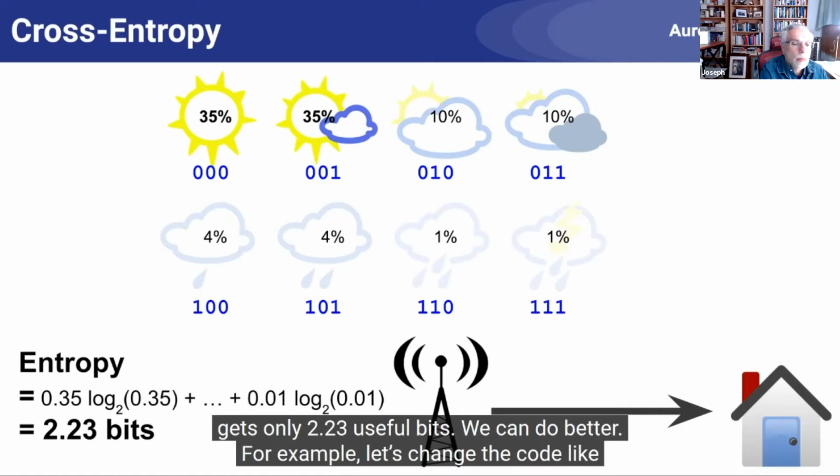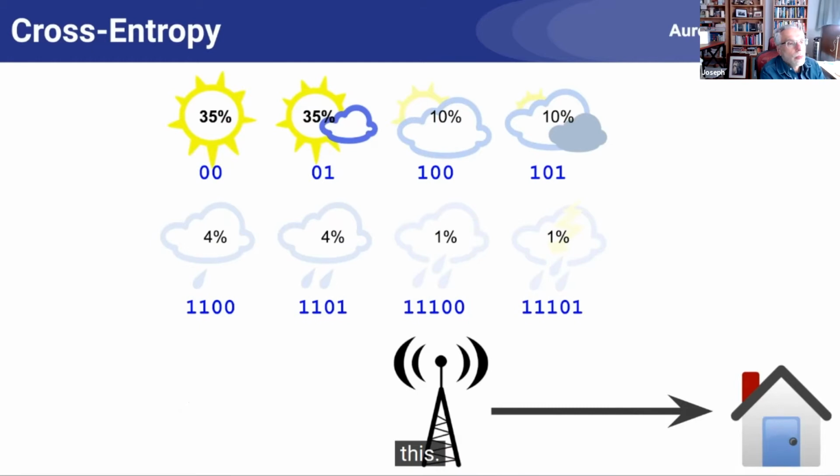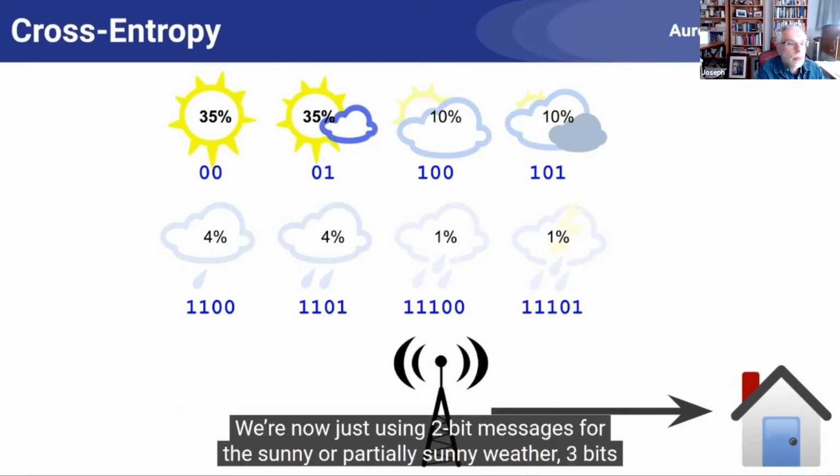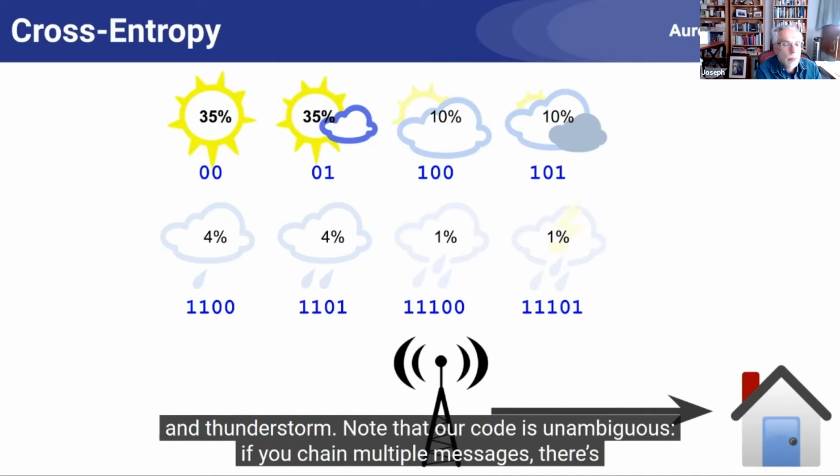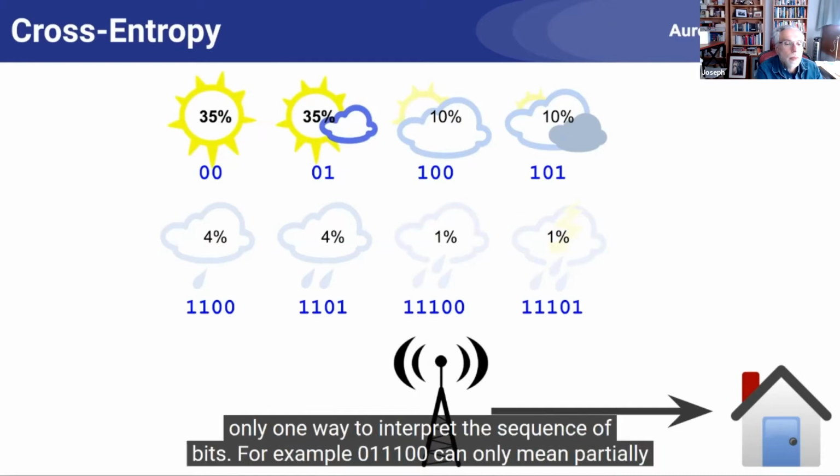For example, let's change the code like this. We're now just using 2-bit messages for the sunny or partially sunny weather, 3 bits for the cloudy and mostly cloudy, 4 bits for light and medium rain, and 5 bits for heavy rain and thunderstorm. Note that our code is unambiguous. If you chain multiple messages, there's only one way to interpret the sequence of bits.